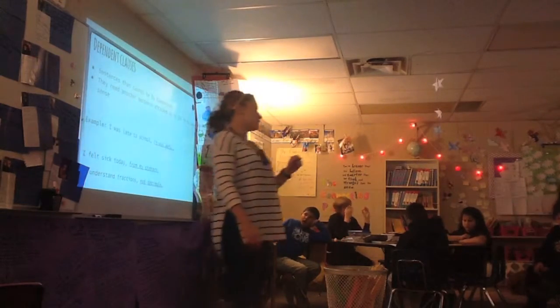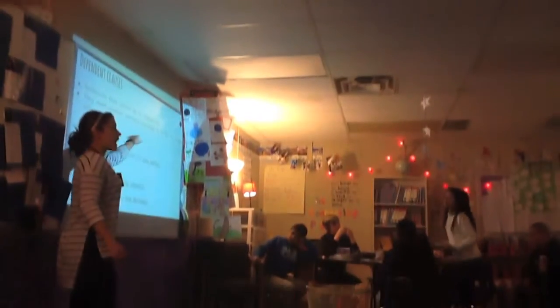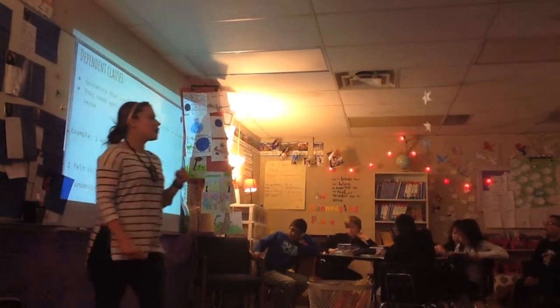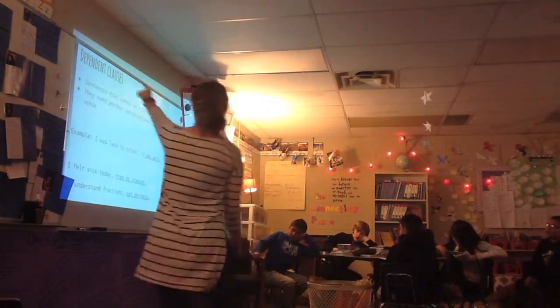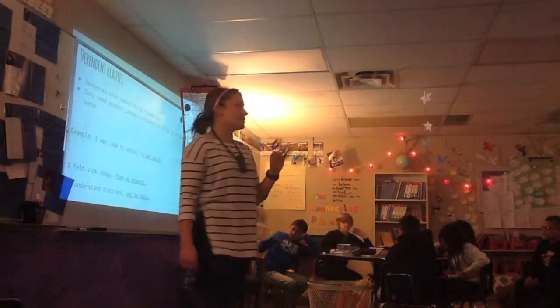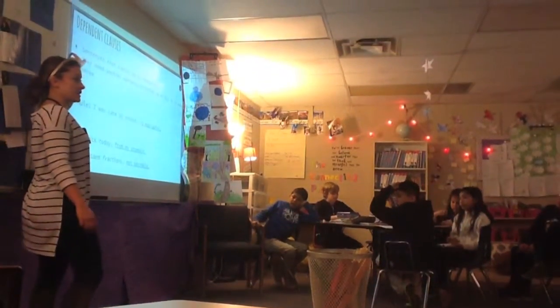So what I want you guys to do now is that independent clause you just wrote, you all had a period at the end of your sentence. I want you to erase that period, put a comma, and attach a dependent clause to your sentence. That is very complicated. So what is that? Again, a dependent clause is a sentence that cannot be by itself, Jaden.